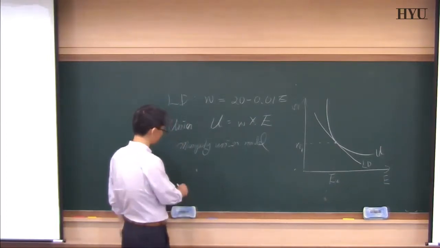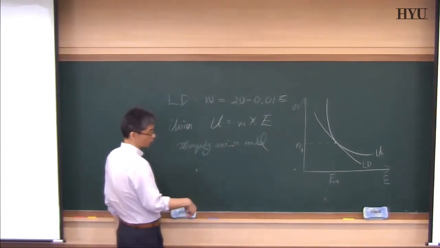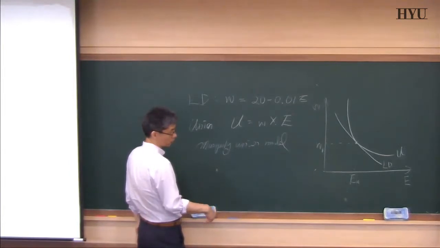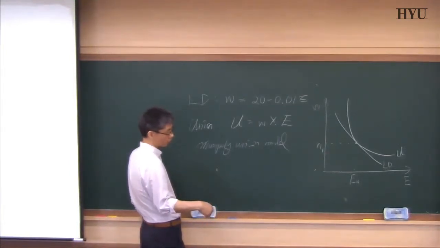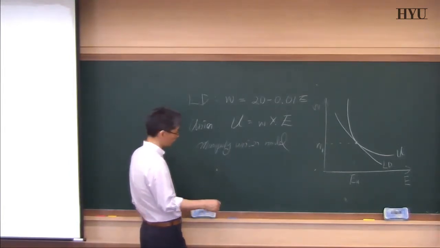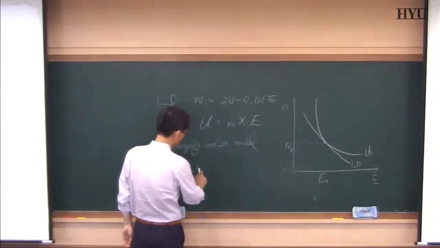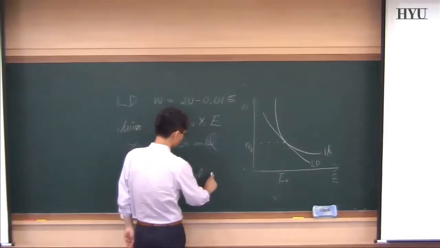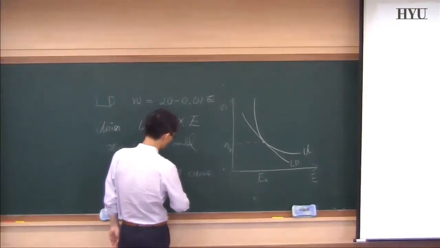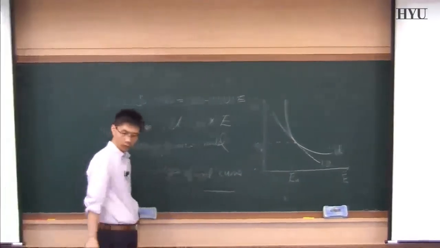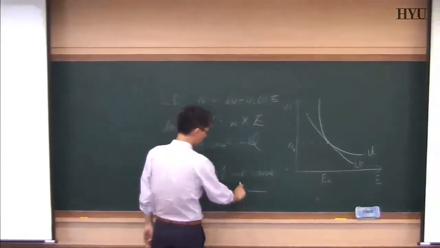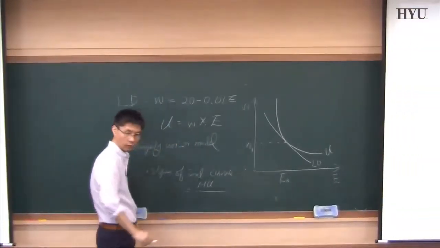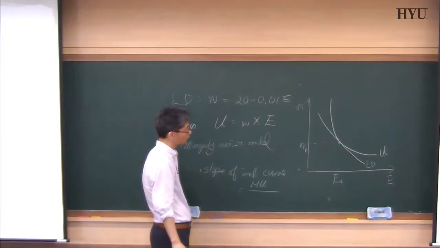Then what is the slope of the indifference curve? The slope of the indifference curve must be the marginal utility of something over the marginal utility of something. Is it the marginal utility of E or W?